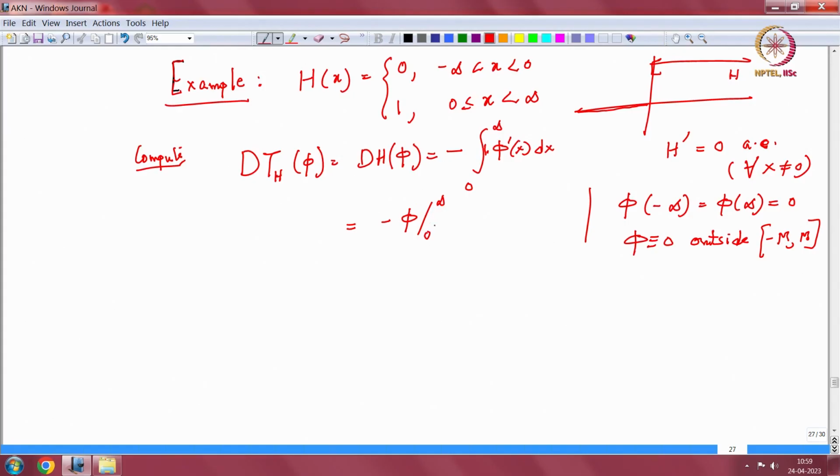So, phi at infinity is 0. So, this is nothing but phi of 0. That means this is nothing but delta of phi. So, this implies dh is delta, which we have already seen.